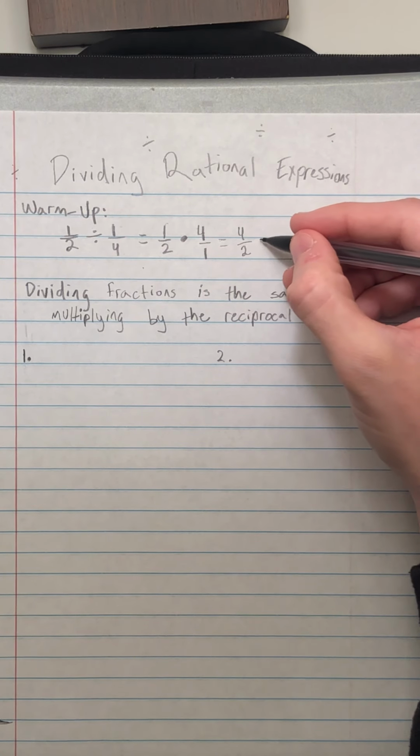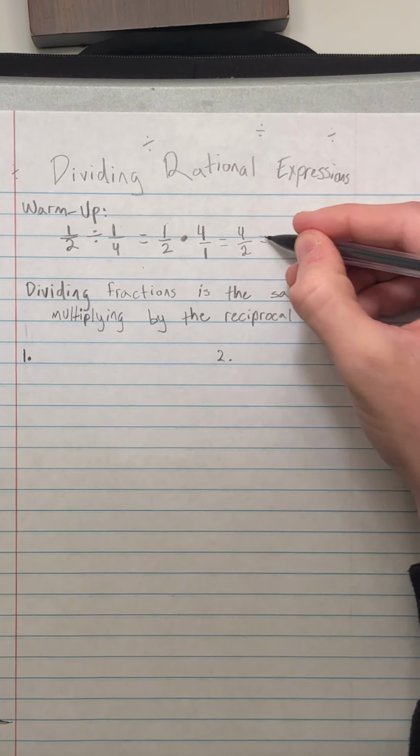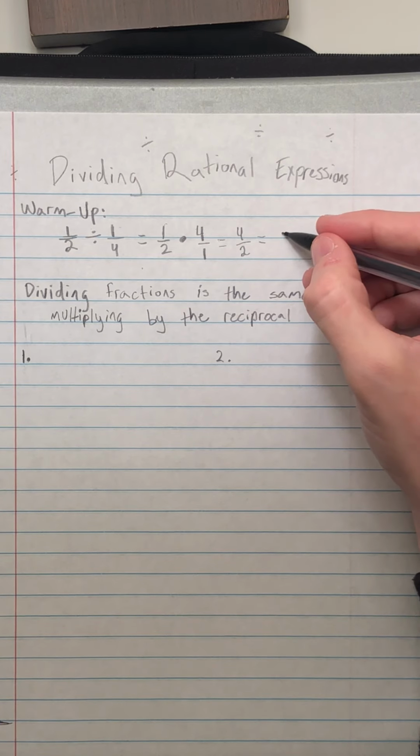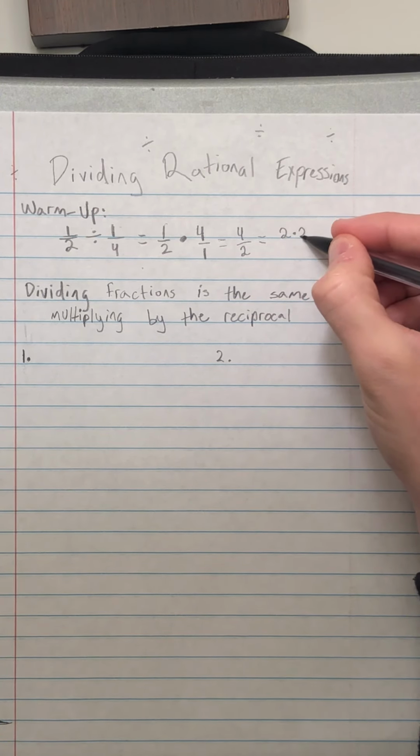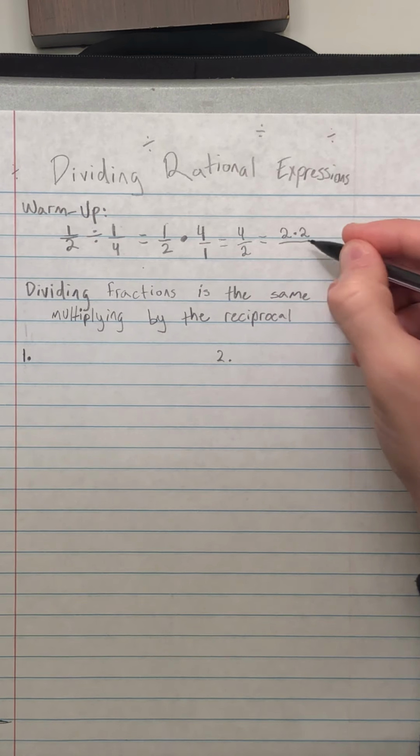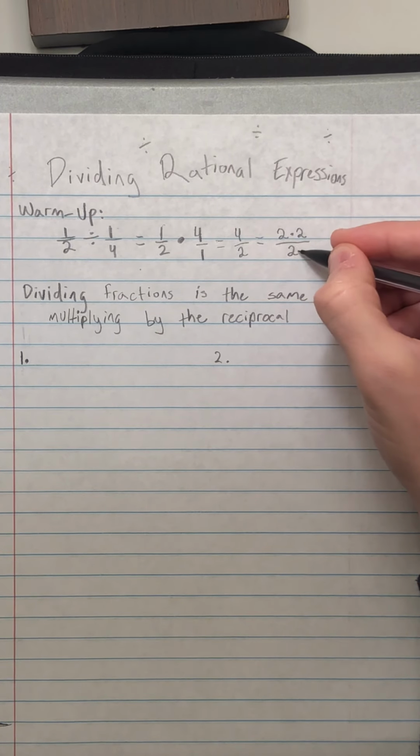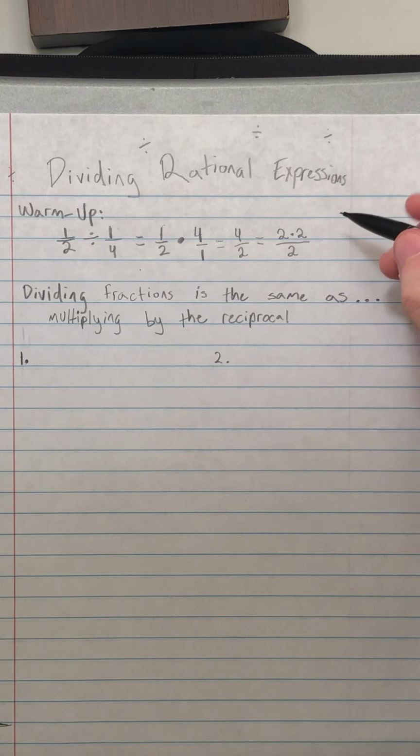And yes, I know this answer is 2, but I could also write it like we've been doing in the past 2 days, where I have 4, or the factors of 4 are 2 and 2, over the factors of 2, which are just 2 and 1, so I'm not going to write the 1.